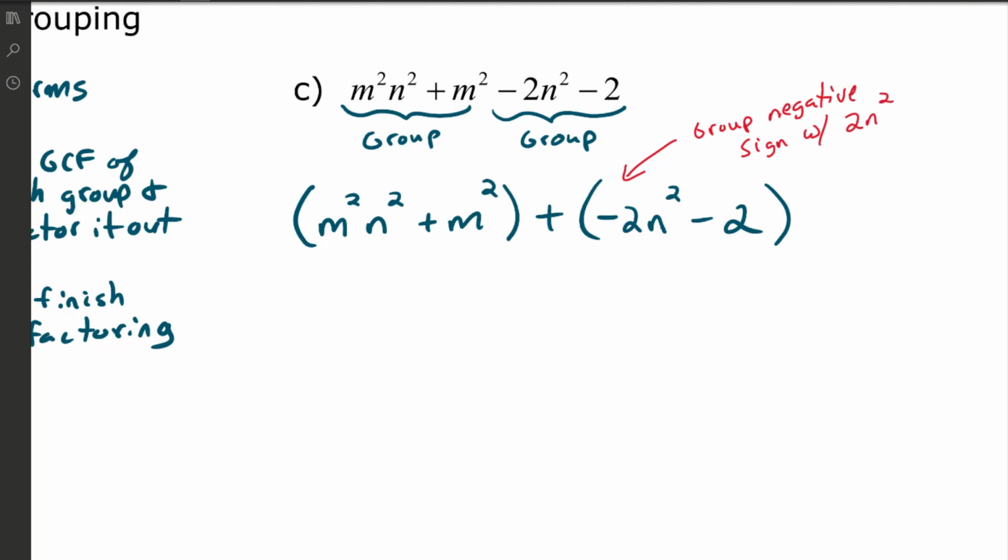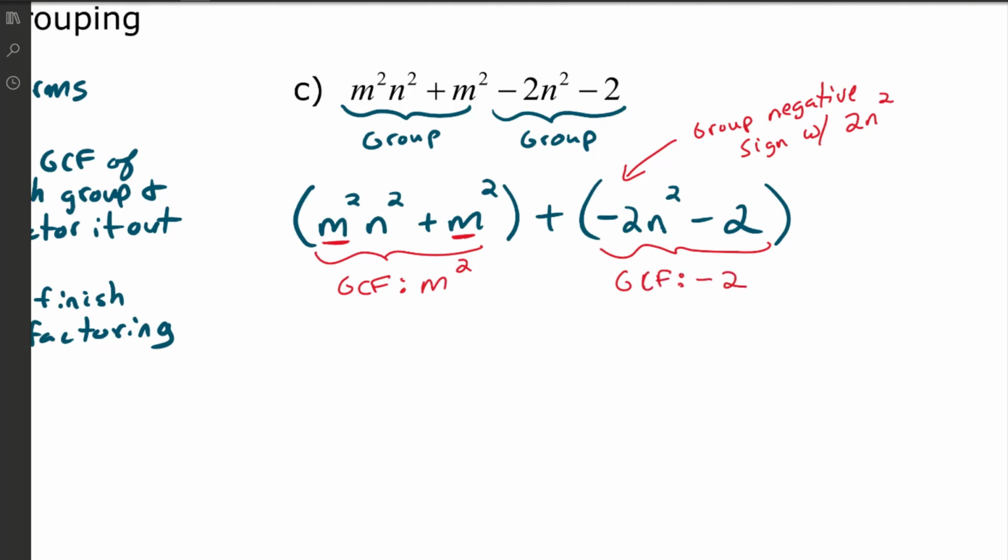Now, the next step is getting the GCF of each grouping. Nothing is really going to change for this first set right here. I see that I have m to the second in common with both of those. There's no n's in common with the second one, so it'll just be m to the second. With this one right here, though, my GCF is actually going to be a negative 2.